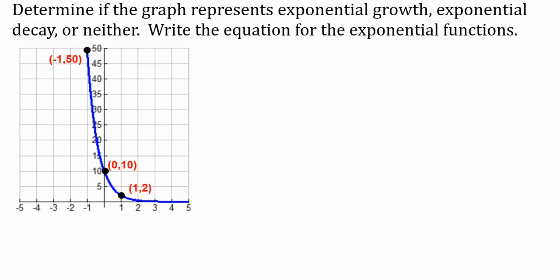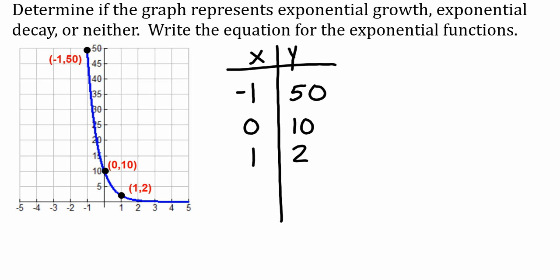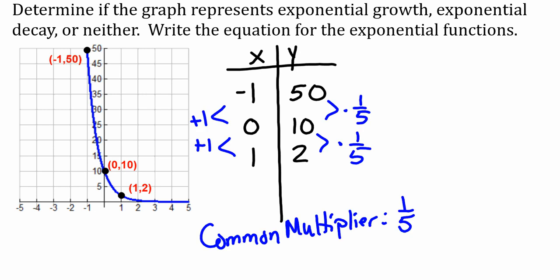Let's try another graph. Again, we can see it's got the shape of the exponential and it's decreasing, so it's exponential decay. We also can see our y-intercept is at (0, 10). If you'd like to arrange it in a table of values, you're welcome to do so. But again, we want to see how the outputs are decreasing. And we can see that they're going down by a multiplier. That rate is 1/5, or 0.2 if you did it as a decimal.